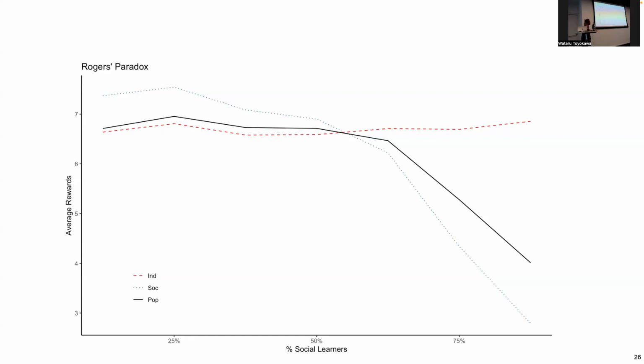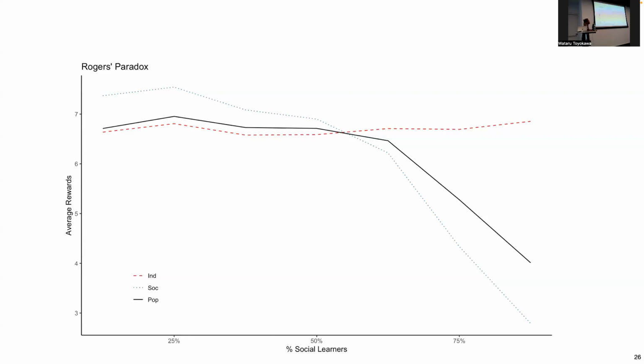When it's extremely high, social learning isn't really a good strategy anymore. In that case, reinforcement learning without social learning is better than social learning. So this is a negative frequency dependent type of game, which leads the population to the point where social learning and individual learning expected performance are the same.